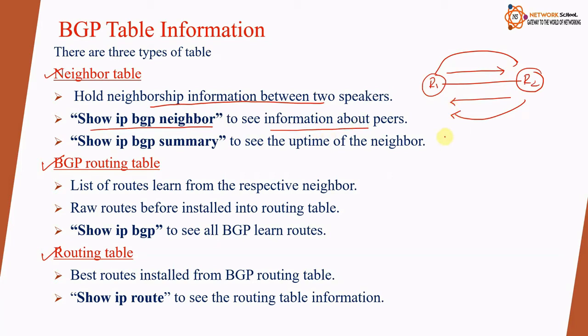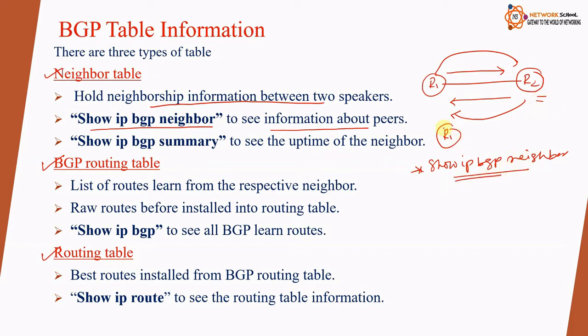Let's say we go to R1 and use the command show IP BGP neighbor, and we will see the neighbor information of R2.